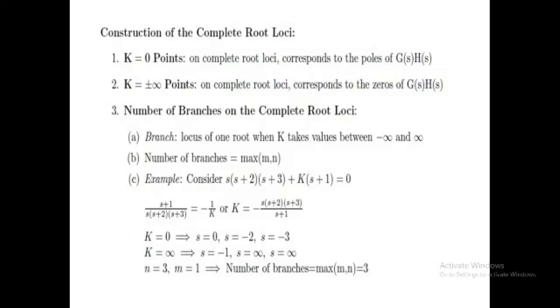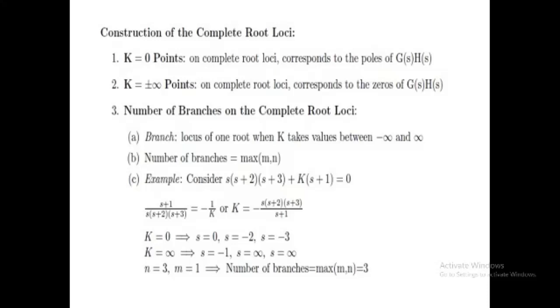Let us consider this example in the control system form, as the transfer function of the system. Let us take (s+1)/(s(s+2)(s+3)) = -1/k, or it should be noted as k = -s(s+2)(s+3)/(s+1). Where k = 0, this tends to s = 0, s = -2, and s = -3.